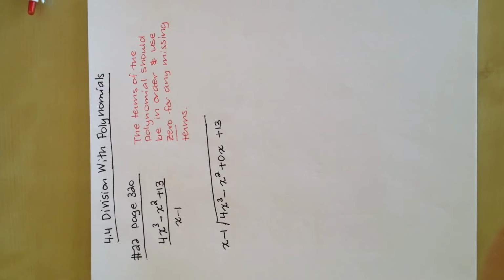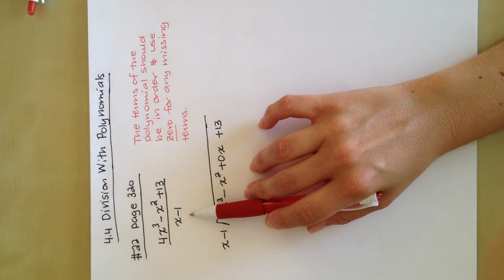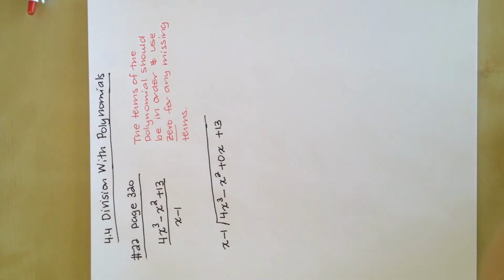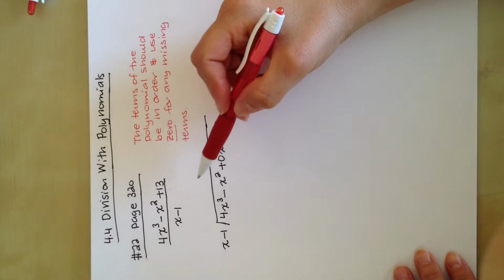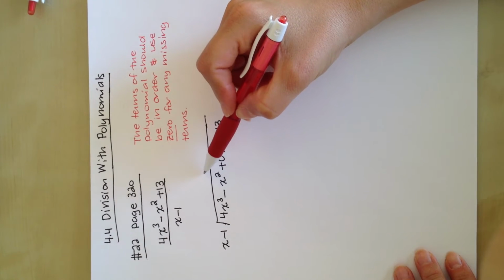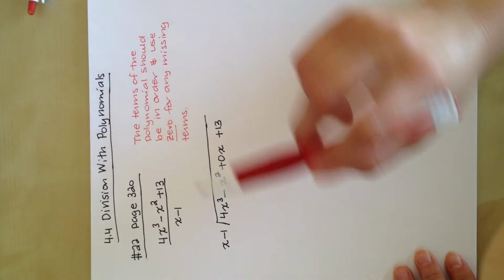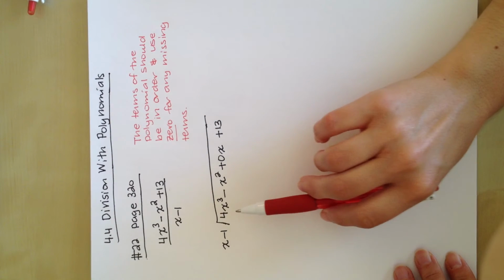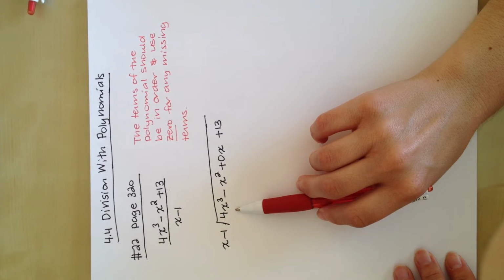For these types of problems where you are dividing by a binomial, two terms, you want to make sure that you are using long division. Okay, let's start the problem. We need a term up at the top such that when you multiply by x, we get 4x cubed.